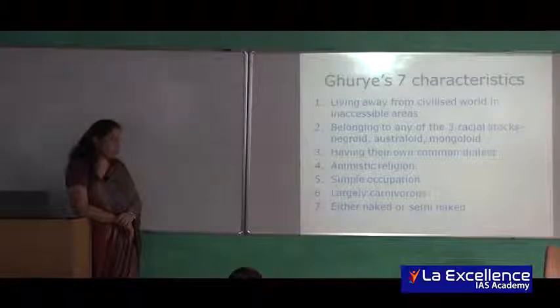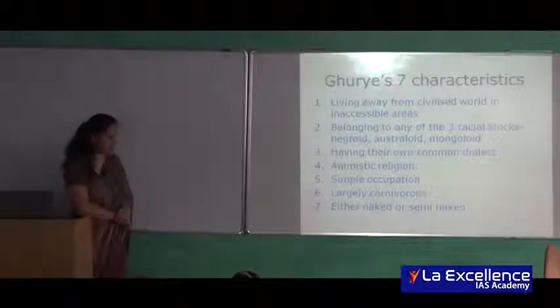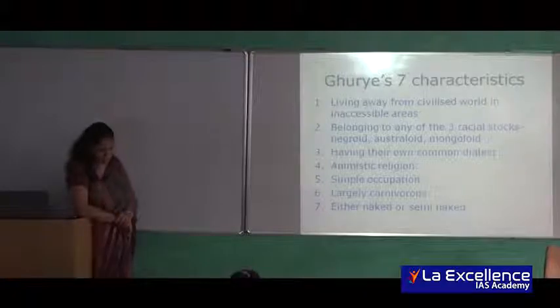When I was showing this definition, I told you about the parabolic evolution. In the neo-evolution, the parabolic evolution. Common dialect, animistic religion, simple occupation, carnivorous and naked or semi-naked.